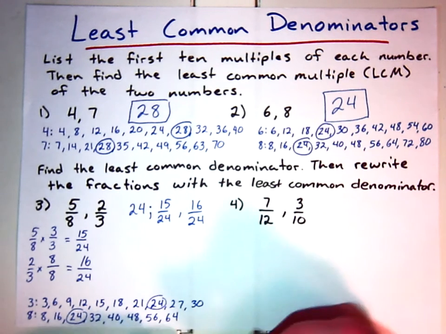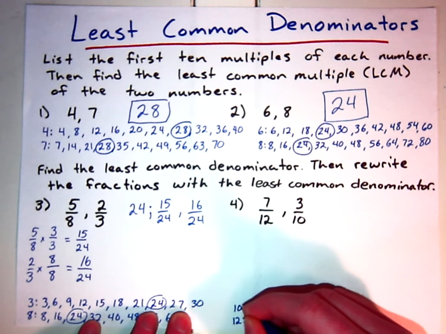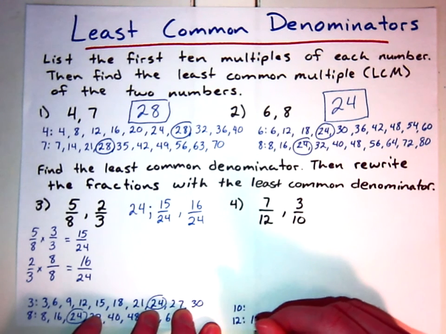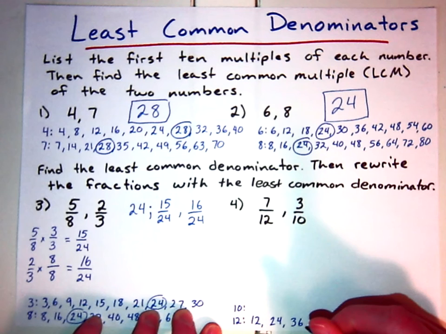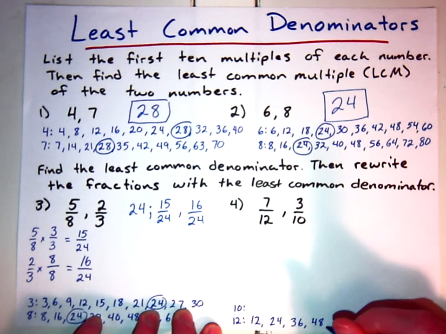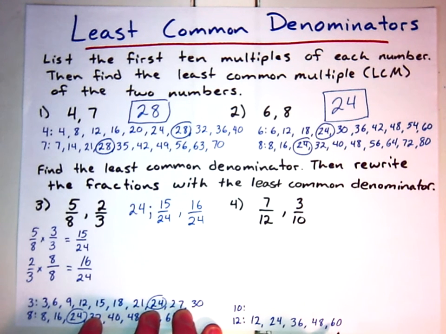All right, same type of problem. Let's write this down here: 12 and 10. Well, the multiples of 12: 12, 24, 36, 48, 60. Ooh, I'm going to notice something. It ends in a 0. What do we know about any multiples of 10? They end in 0.